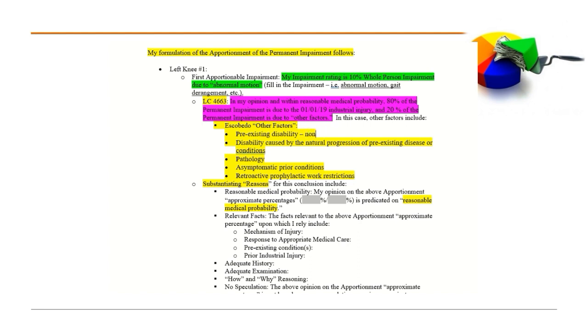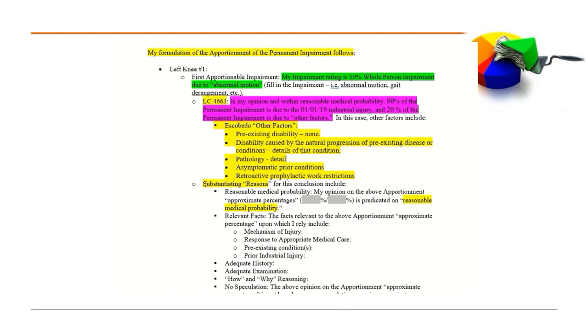If it doesn't apply, you simply fill in the word and go on to the next. If there's any disability caused by the natural progression of a pre-existing disease or condition, you would give us here the details of that condition. If there's asymptomatic prior conditions, if there's pathology, this is where you would detail the other factors.